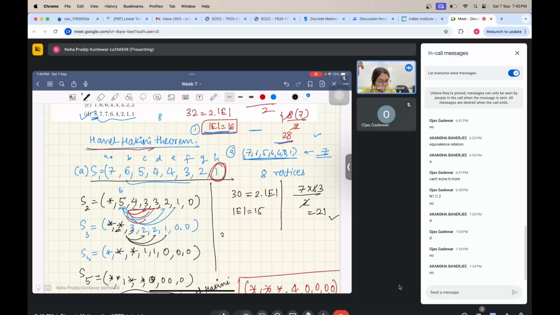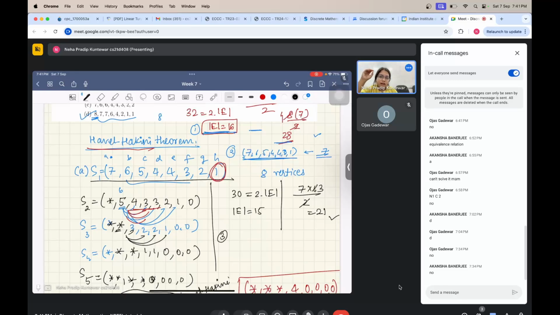And then you keep on continuing this process. You delete one vertex which is of minimum degree, and then keep on applying the handshaking lemma. My claim is that when you have exhaustively deleted all the vertices and at every point you have satisfied the handshaking lemma, then your sequence is valid.